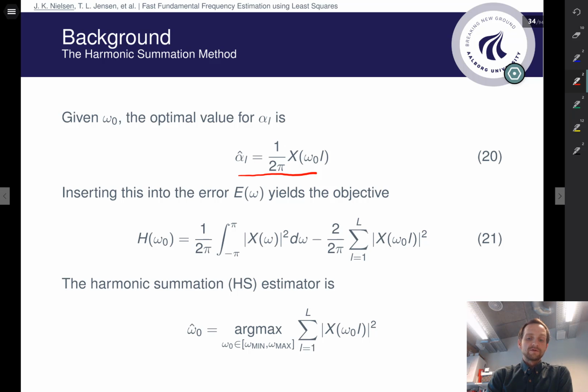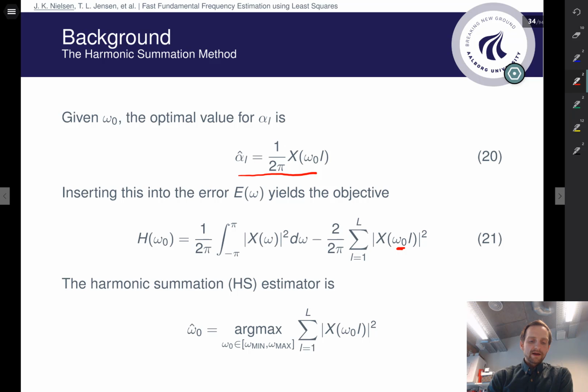Then, as we have done before, we just plug alpha back into the error, and this will give us the objective we have in equation 21. You can see here that only the last term depends on the fundamental frequency, which we're interested in.